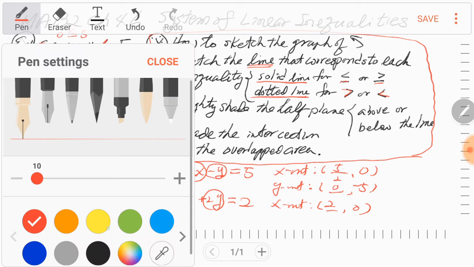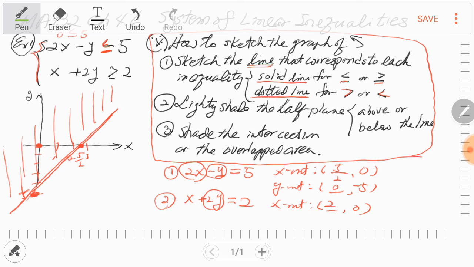Let me use a different color. So the x-intercept is 2, over here. Let's find the y-intercept. Set the x value to 0, then y equals 1. This is 1.